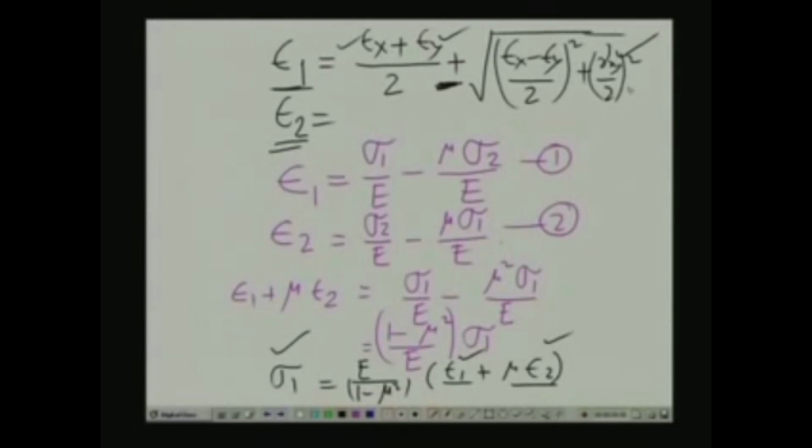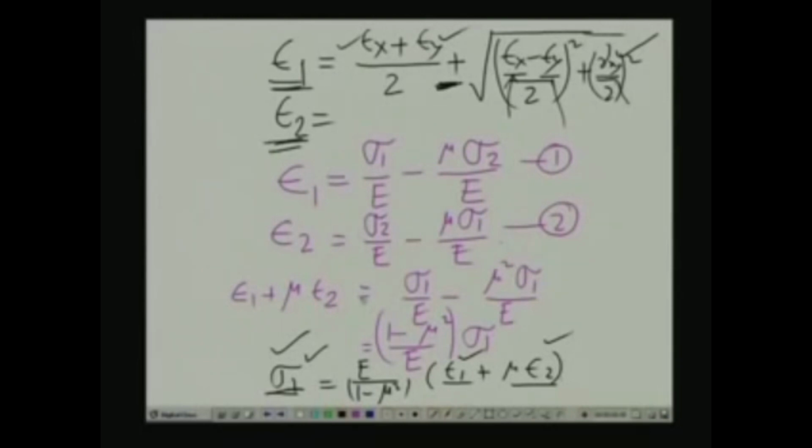So, once we measure strains along 3 directions, we can compute epsilon x, epsilon y, gamma xy, and from those evaluated values we can compute epsilon 1 and epsilon 2, and once we know epsilon 1 and epsilon 2, we can find the stress sigma 1.